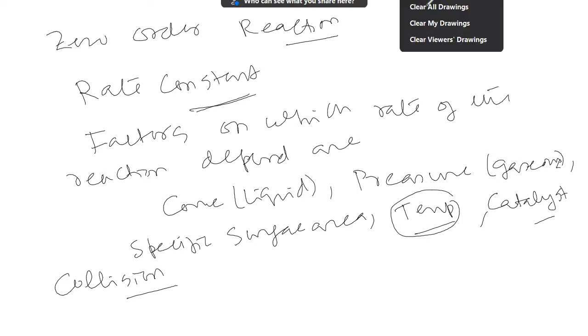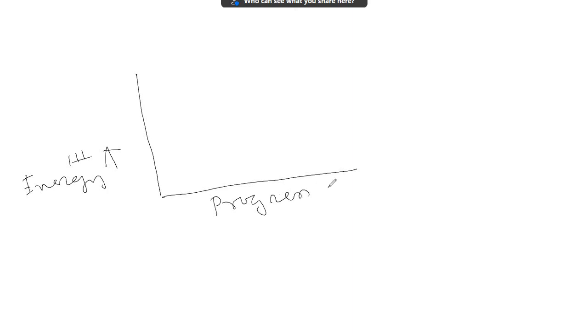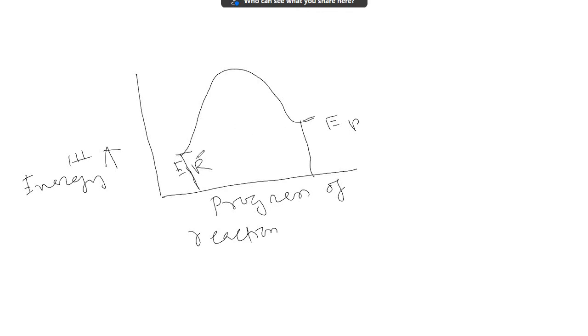So if I express it this way, suppose this is the energy, this is the progress of reaction. We have two levels like that. It is ER, the energy of the reactant, and this is the energy of the product.